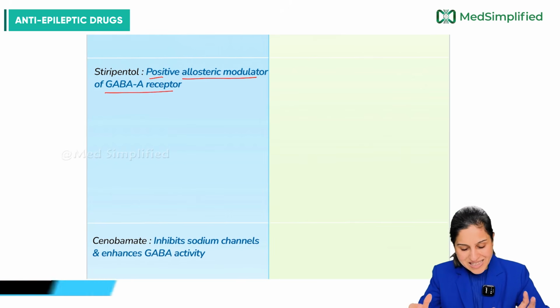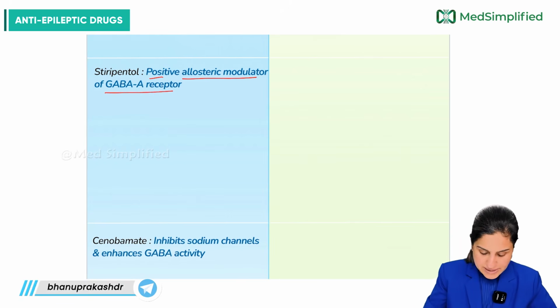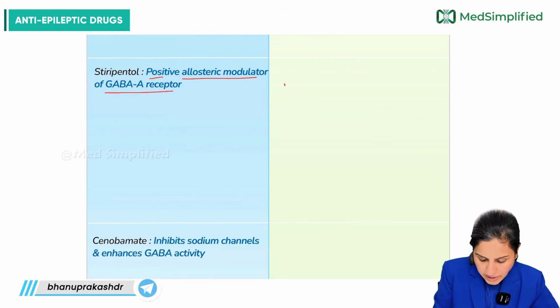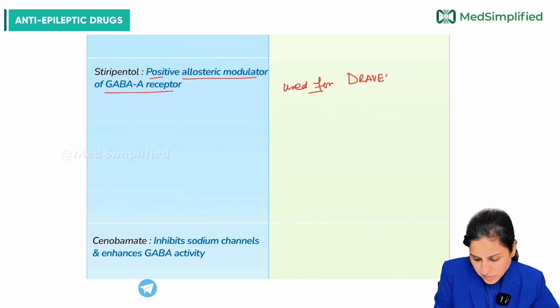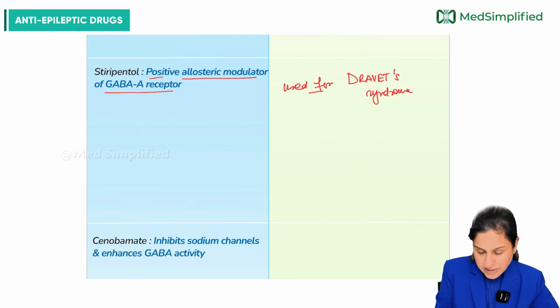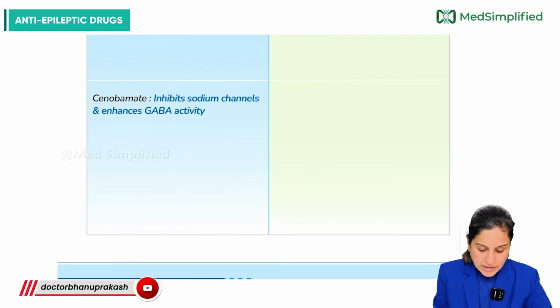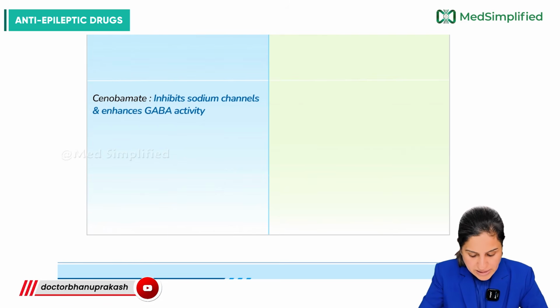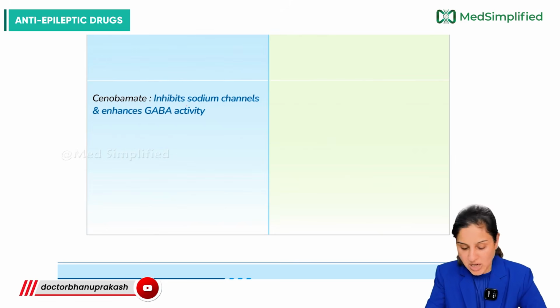So it enhances the effect on the GABA A receptor, and this drug is used for Dravet syndrome.